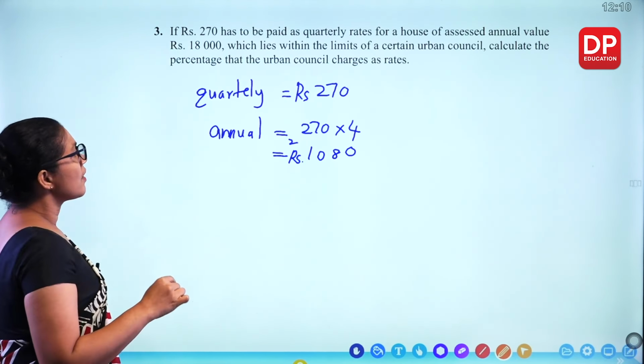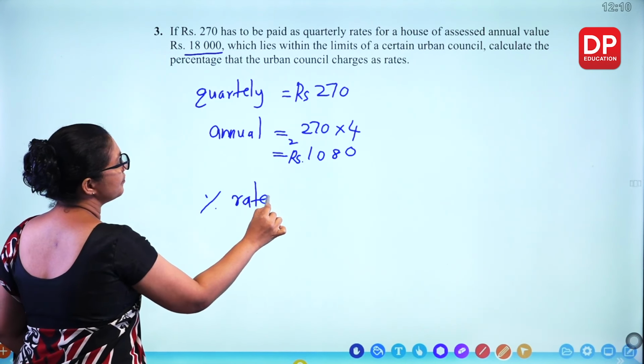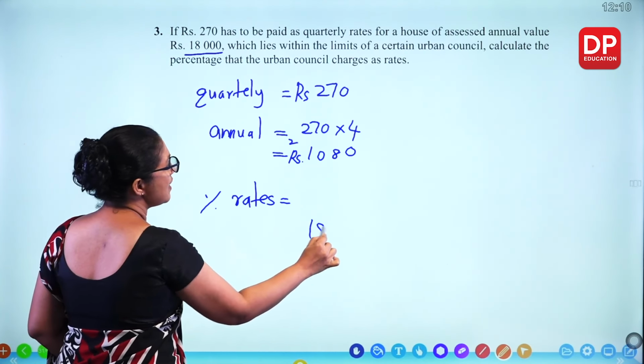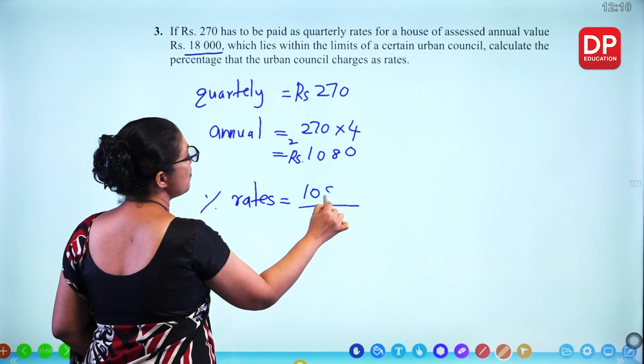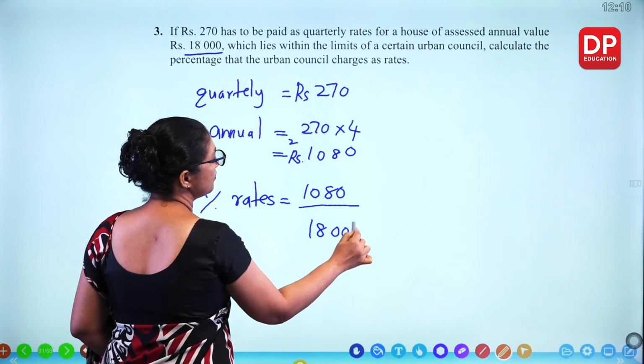Now the amount is 18,000. So what's the percentage of rates? You are paying 1,080 rupees for 18,000. Convert to a percentage. 2 zeros and this, you get this one.